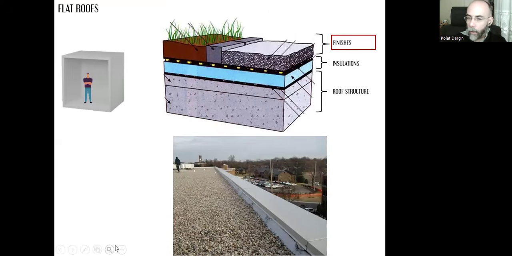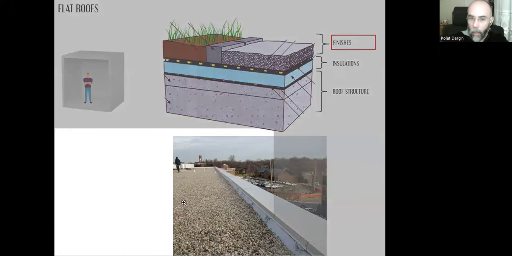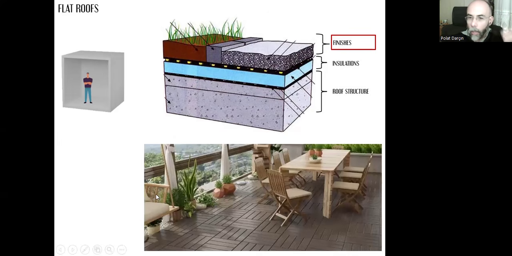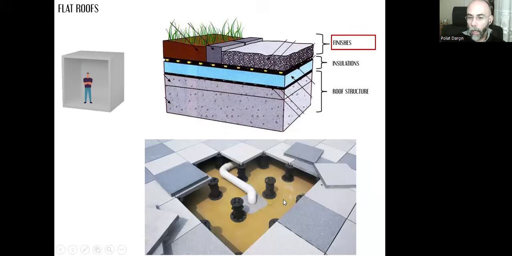We can place white or grayish gravel, and it will help with the excessive sun rays, excessive heating. If we are going to use this rooftop as a living space, then instead of gravel, we can place a floor covering where we can have our living environment, like that.